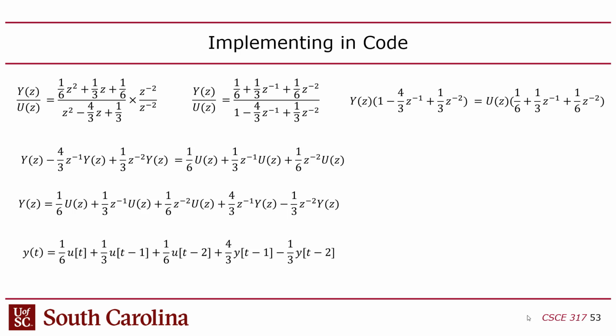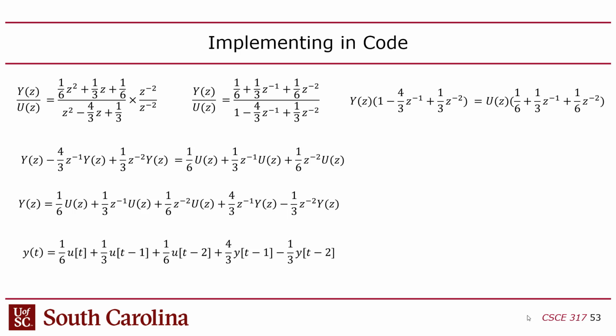Plus 1/3 z to the minus 1 U of z. That's 1/3 times the prior sample of u. Plus 1/6 z to the negative 2 times U of z. That's two u's ago.